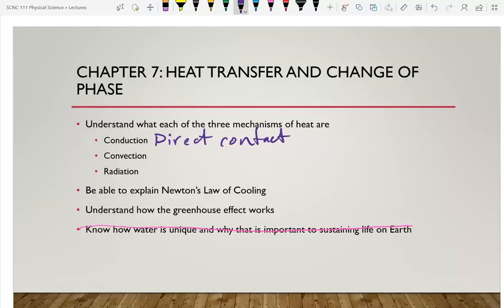We have convection. What is the mechanism for heating through convection? Convection is when you have some intermediary fluid.